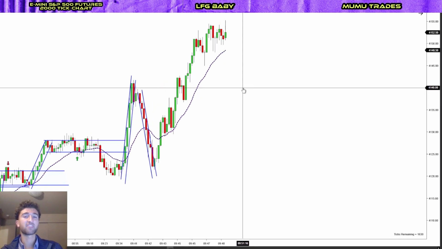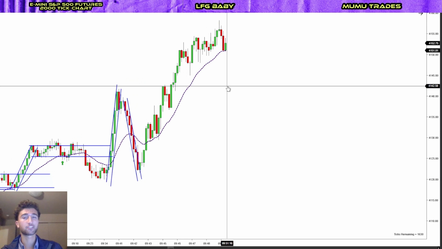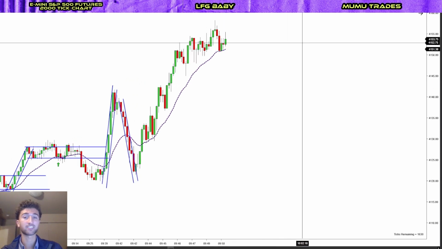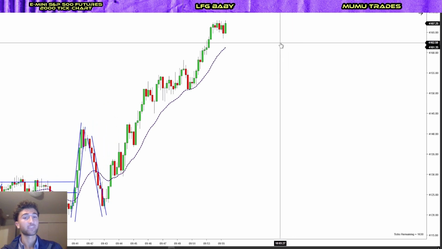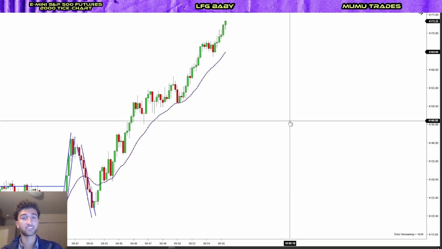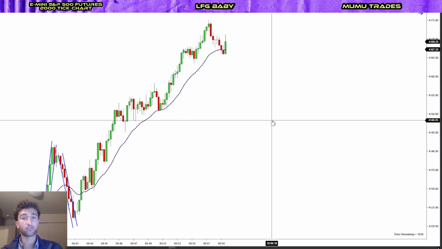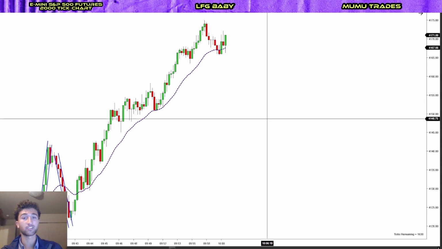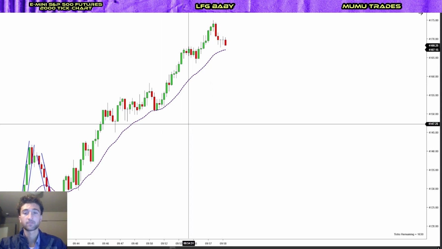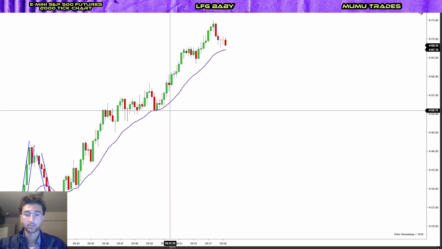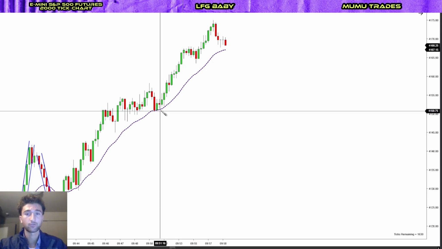This method is very, very powerful only if you're extremely patient and have the guts to wait for the high probability trades. And sometimes in uptrends like this, you just won't get the greatest of entries, but eventually you'll get one that'll make your whole day. So now, at this point, let's draw our uptrend once again.